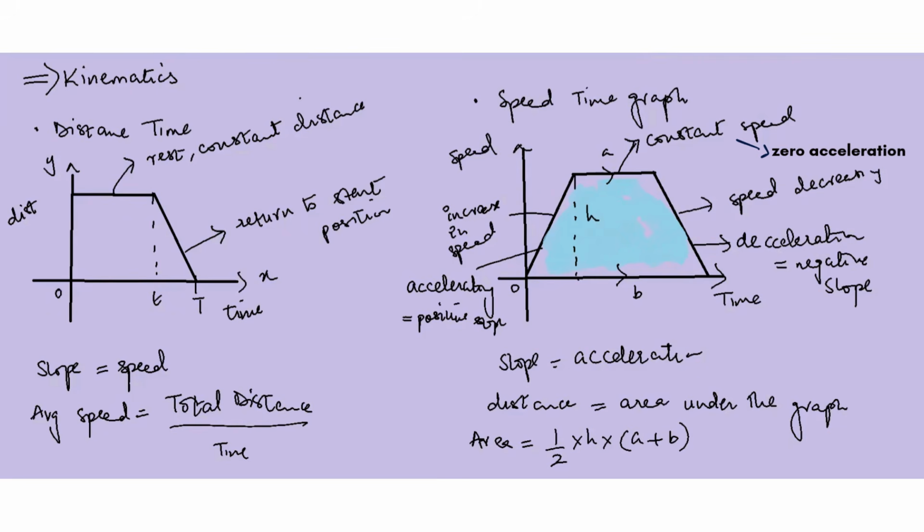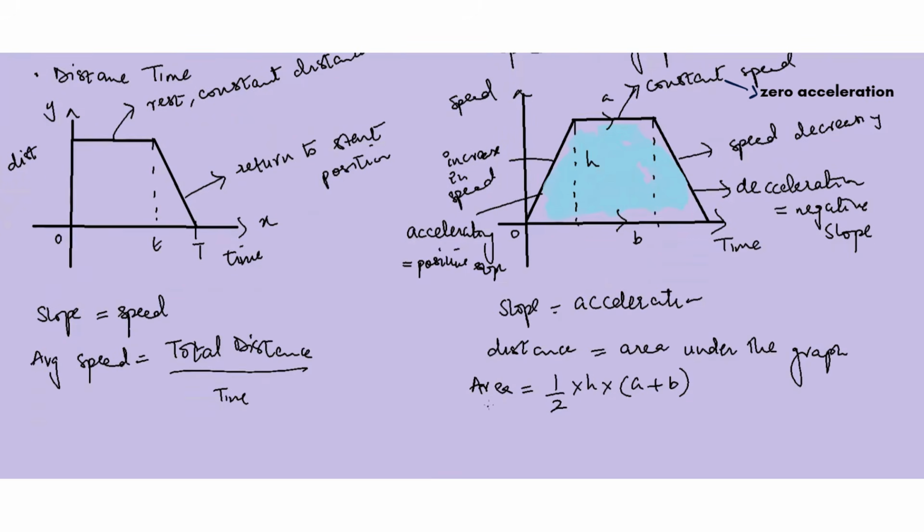Either you can use the trapezium formula to find the area under the graph, that would be your distance, or you can just split it into 2 triangles and 1 rectangle, that's also fine. For this, you would need to know the triangle area formula, which is half times base times height. So this is the trapezium one.